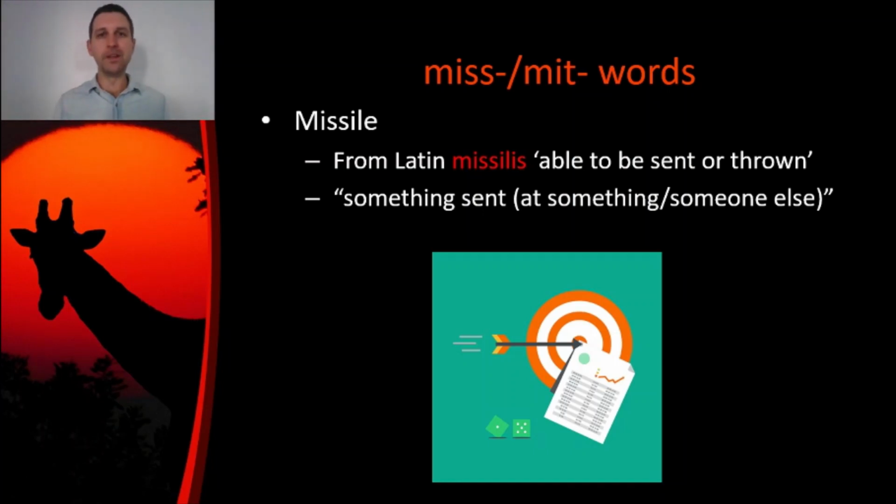And that's what we think of when we think of a missile. But the older meaning of the word missile could really just be anything that was thrown or shot or fired: arrows, bullets, whatever it is. It didn't necessarily have to be an intercontinental ballistic missile like we might think of this word referring to today. And it all goes back to this Latin root that means something that's sent from one place to another. Pretty simple once you see it.